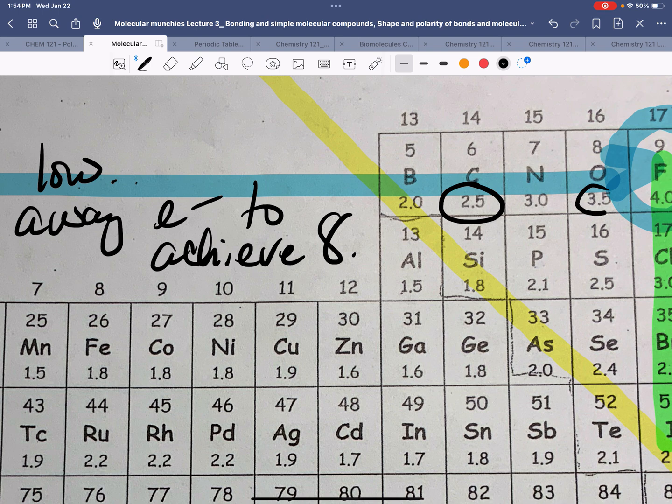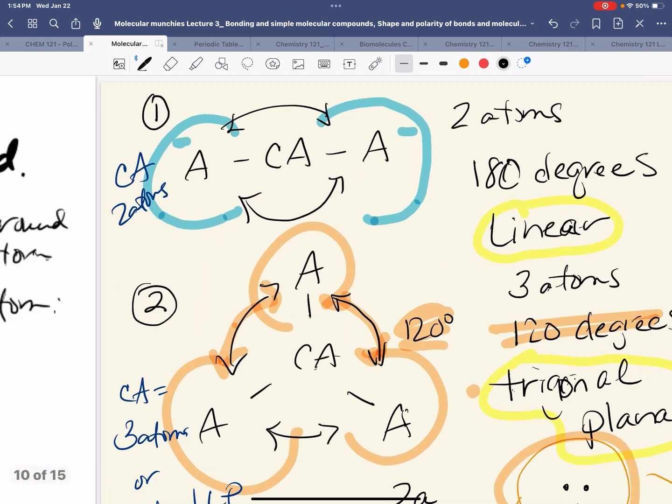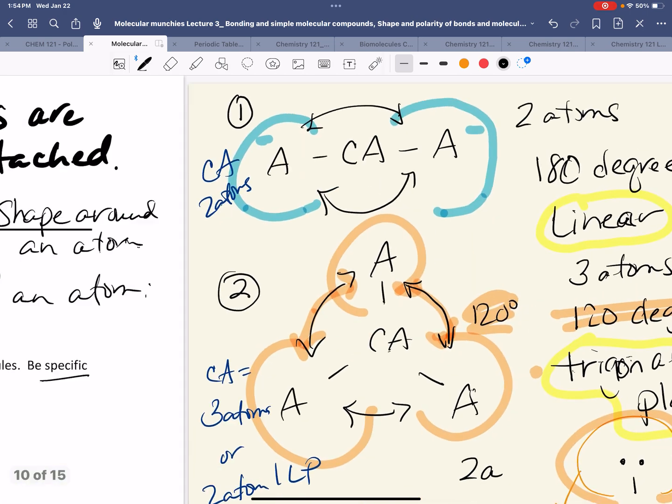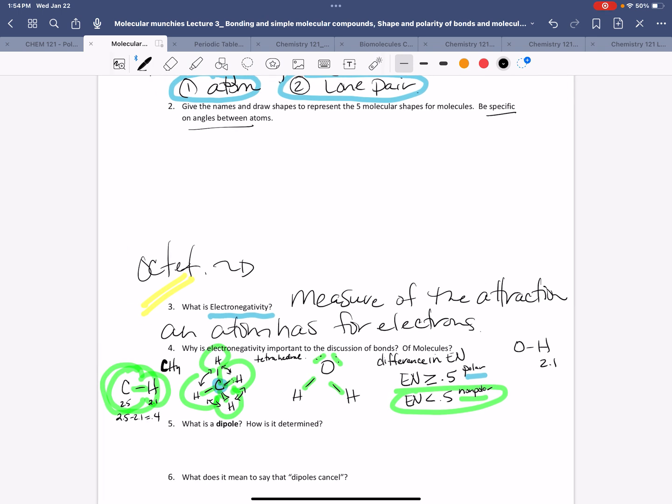It has a very high electronegativity, a very high desire for electrons, partly because of its radius and partly because it's really close to being a noble gas. And so when we look at oxygen's electronegativity of 3.5, when we subtract hydrogen's, we get a difference of 1.4.